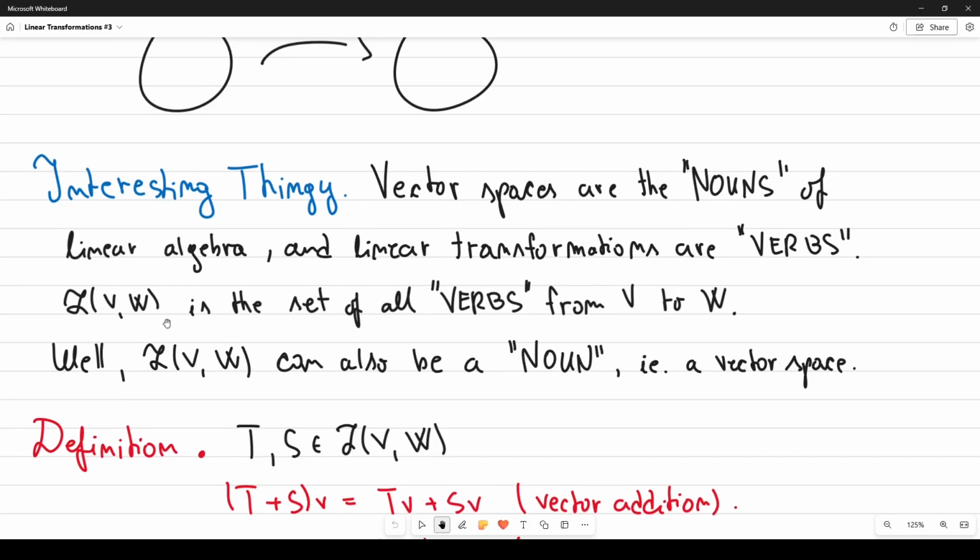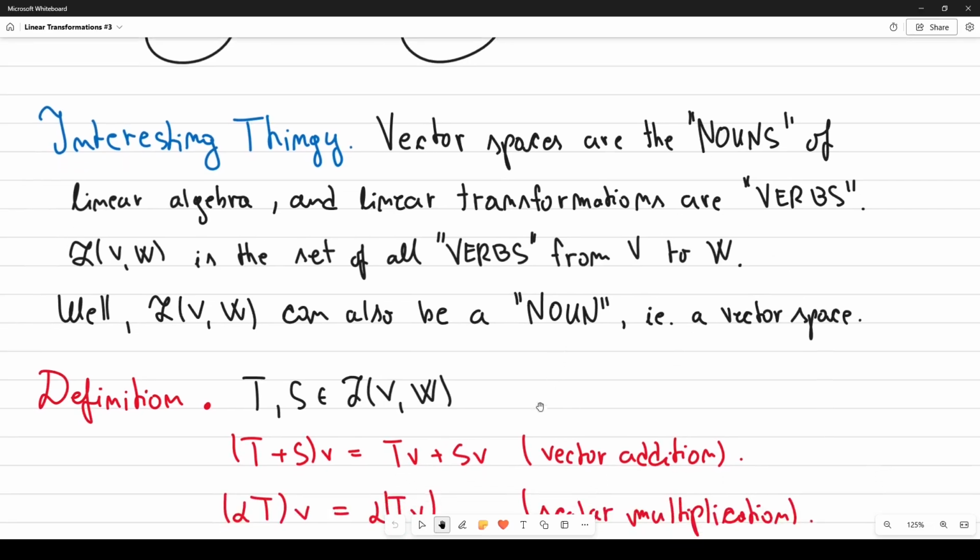So the space of all linear transformations is the set of all verbs from V to W. It turns out that if we define addition and multiplication, which we're going to do next, we can treat this with the corresponding operations as a noun, also a vector space, which is kind of interesting.